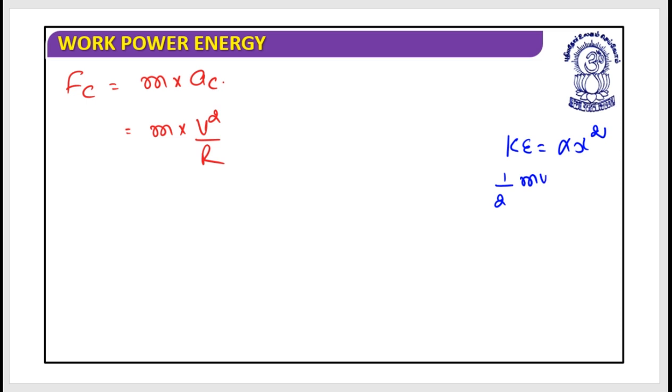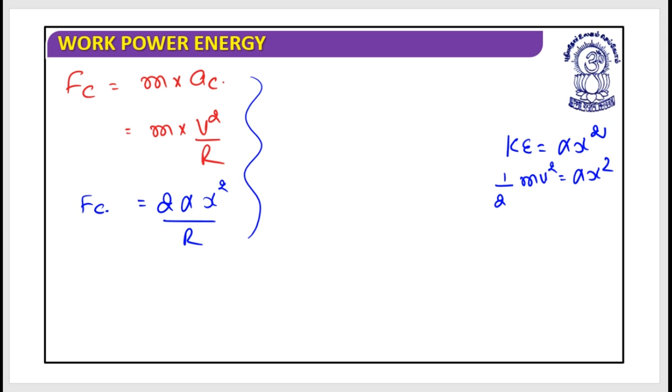This is half mv square, which is equal to alpha x square. So mv square is equal to 2 alpha x square. So Fc is 2 alpha x square divided by r. I hope this is clear. So this is Fc. I have already found out the Ft, which was 2 alpha x.